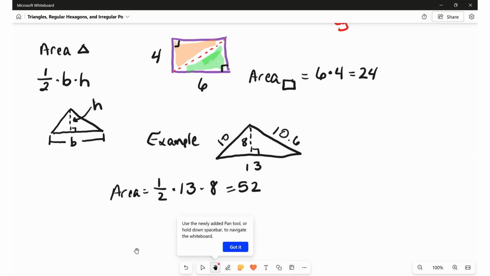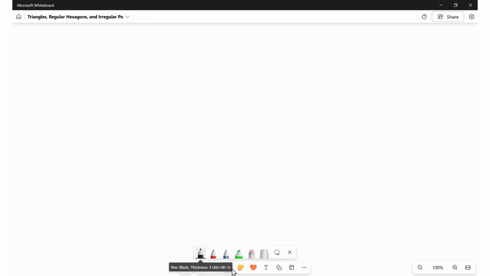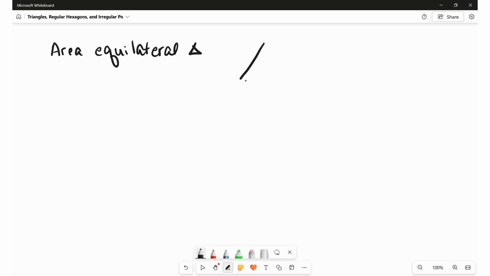Now, the next thing that I would like to talk about is the area of a particular triangle, and this is going to be the area of an equilateral triangle. Okay, so we have our triangle here.